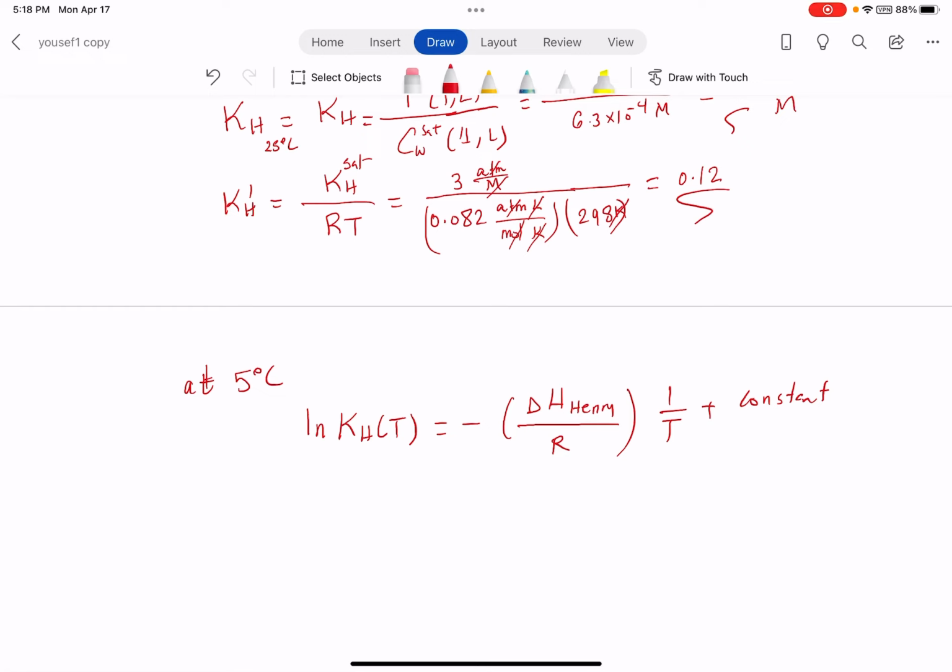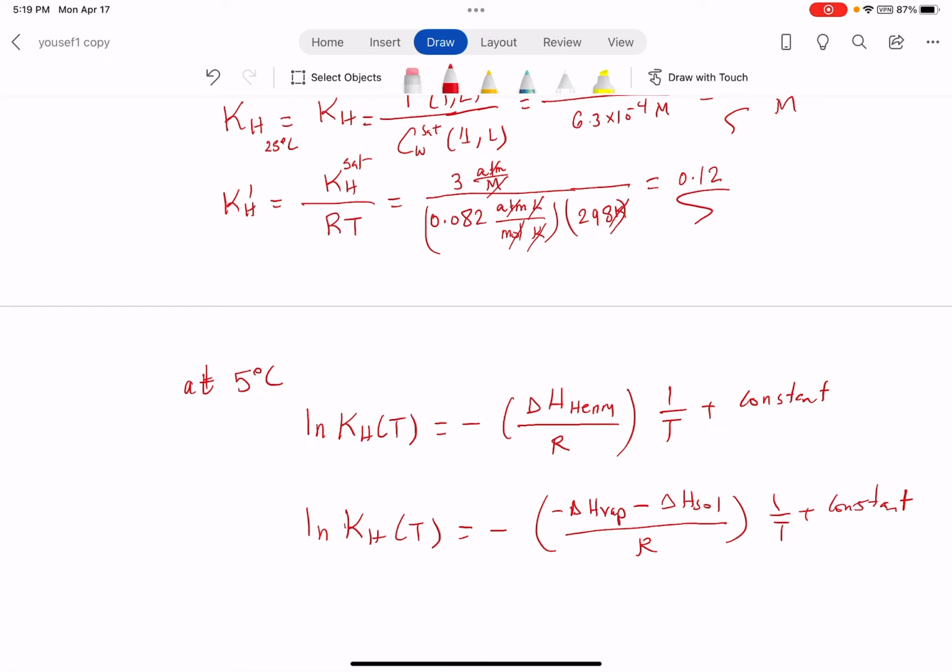Okay, and that is the equation we have in the notes. So ln Kh equals minus delta H vap minus delta H solubility, over R, times 1 over T, plus the intercept, a constant.